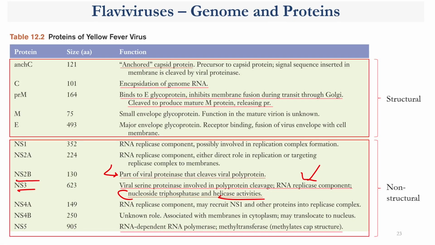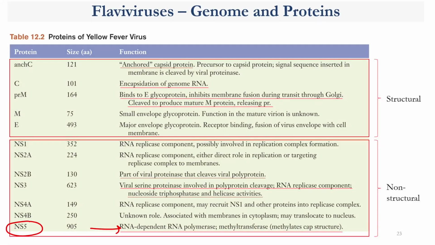So this helps basically with multiple things for that virus, okay? Lastly, NS5 is your RNA-dependent RNA polymerase. It also has the methyltransferase activity. So what that means is it can actually add methyl groups to the 5' end of the genome. So 5' cap structure, okay?